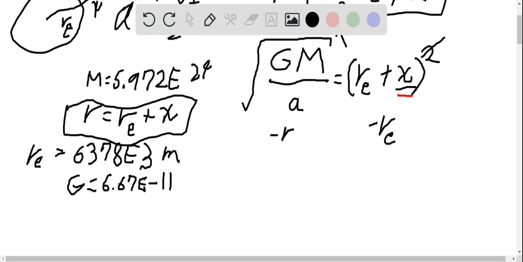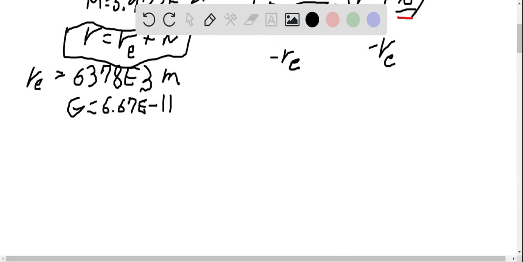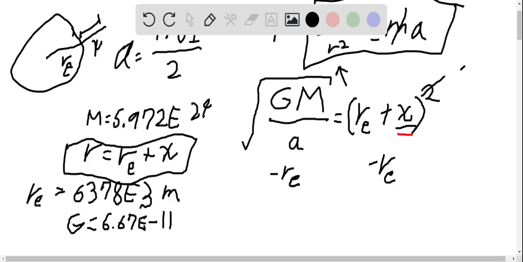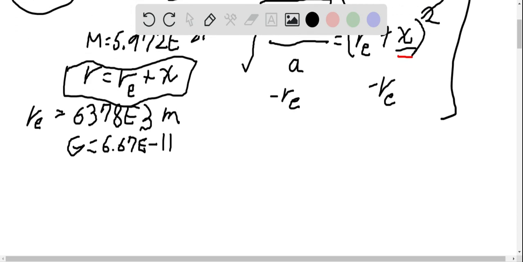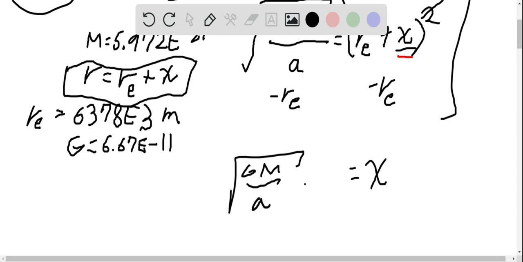And that will result with just our x. To simply rewrite this formula, x, remember x is what we want, is equal to the square root of the constant G times the mass divided by our desired acceleration, minus the radius of the Earth.